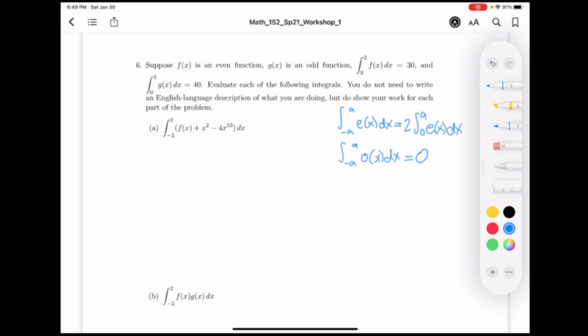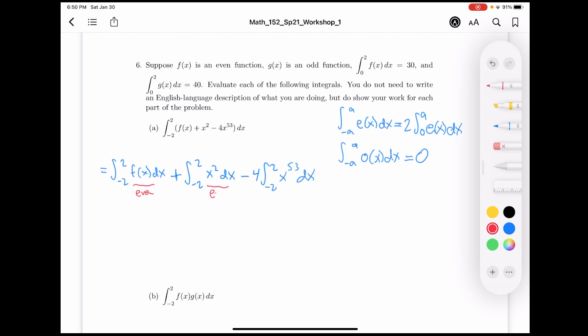So this is going to be written as the integral from negative 2 to 2 of f of x dx plus the integral from negative 2 to 2 of x squared dx, and then minus 4 times the integral from negative 2 to 2 of x to the 53 dx. Now the thing to recognize here is that we know this is even because it's given to us that f is an even function.